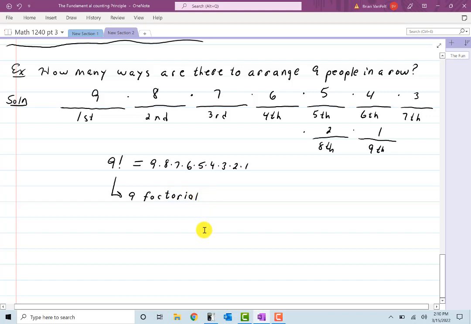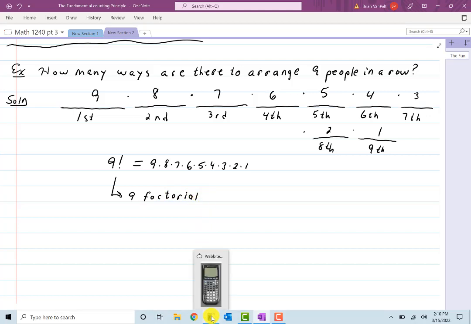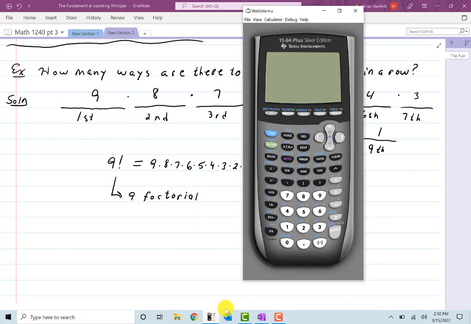To find it on the calculator, the Texas Instruments calculators are fairly similar in this regard. Let me turn it on. And what you typically do is you touch 9. Now on this calculator you can follow along. I hit the math button, and then see up here I'm looking for the PRB button.